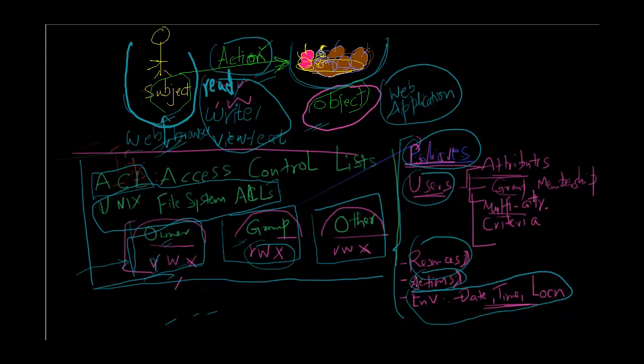For example, it could be the date of action, the time of action, and the location from which the subject is performing that action. It could be a variety of things that are not essentially captured in the other parameters that are used to define a policy.